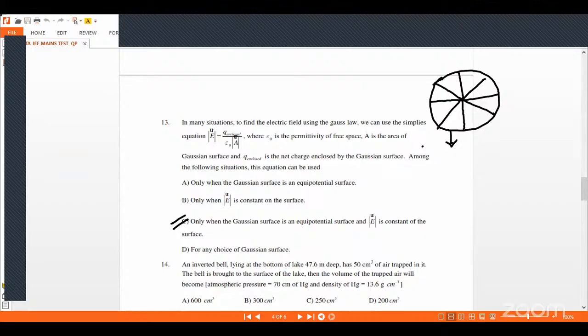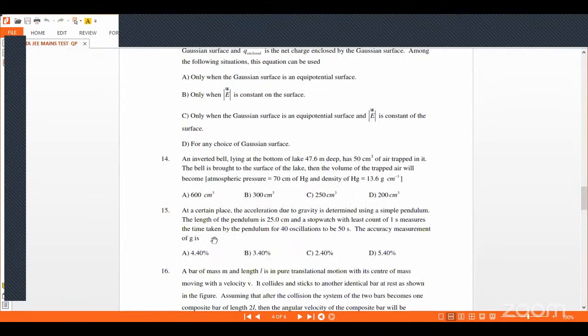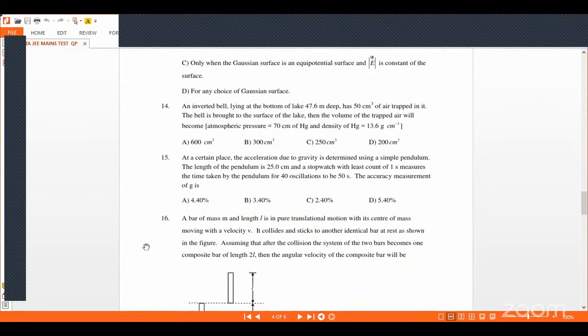Next, it is the 14th one. An inverted bell lying at the bottom of a lake, at a depth, suppose H equal to 47.6 meter deep, has volume 50 centimeter cube.